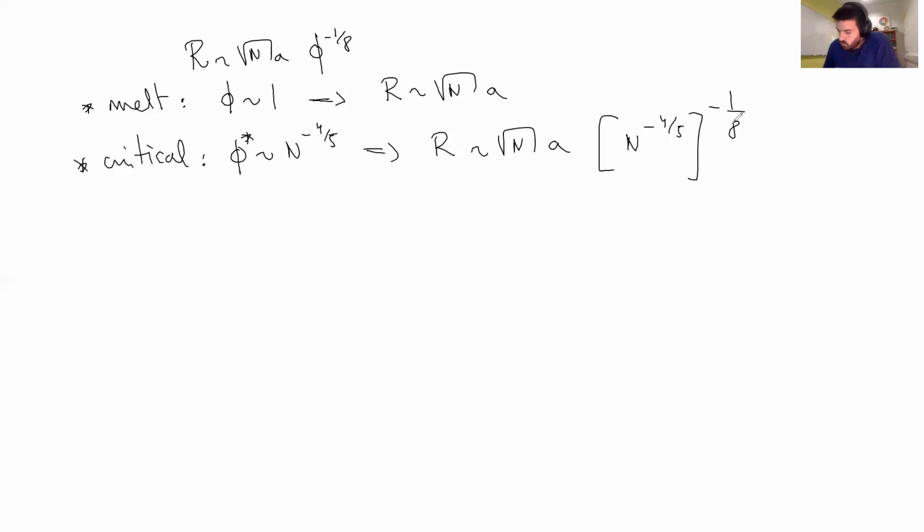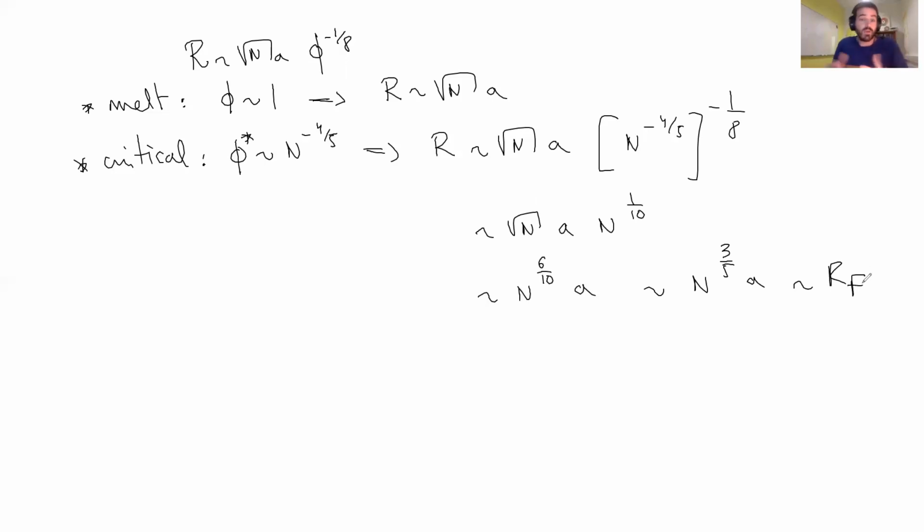All right? And so therefore, this becomes a power which is 1/10 with a plus. And so it's 5/10 plus 1/10 is 6/10. And so it is n to the 3/5 a, which is the Flory radius. Good. In the other extreme, we've recovered the fact that the end-to-end radius should be the Flory radius.